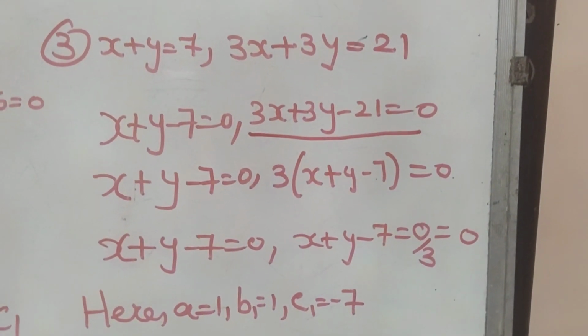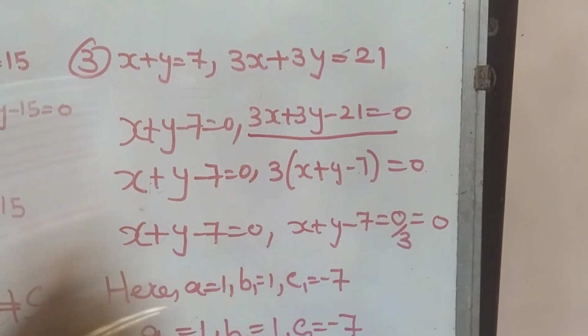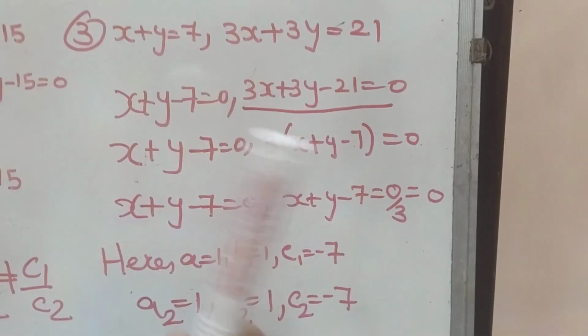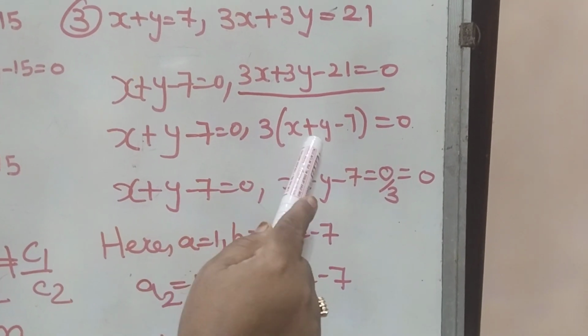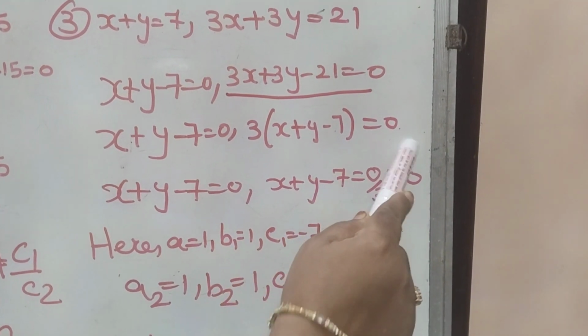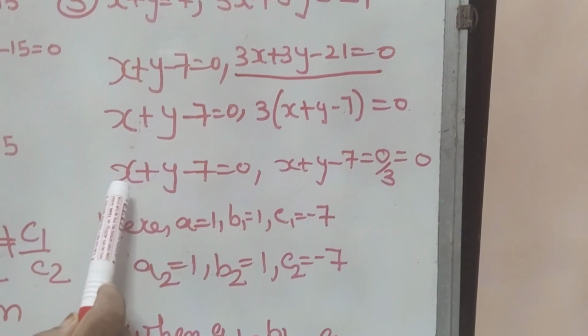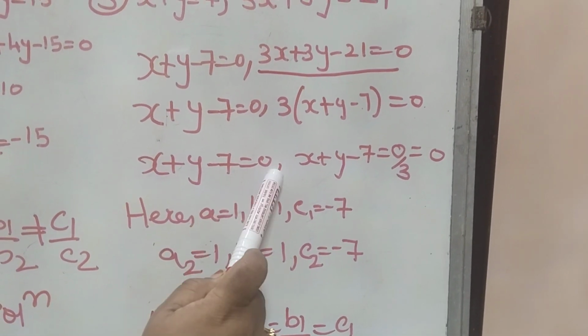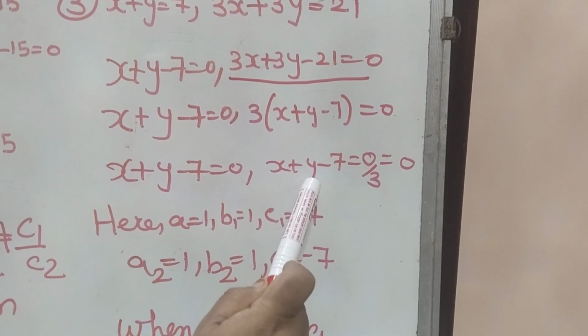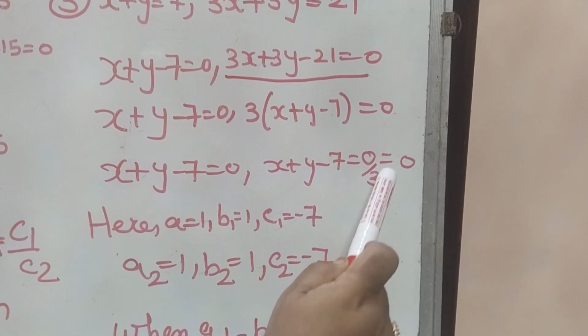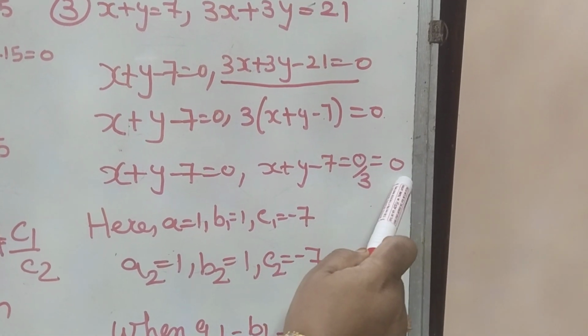Always check whether you are getting any common number or not. Yes, that is your first duty. Yes, 3 common. X plus y minus 7 equal to 0, where 0 upon 3 equal to 0. So first equation is x plus y minus 7 equal to 0. Second equation is also x plus y minus 7 equal to 0, because 0 upon 3 is 0.